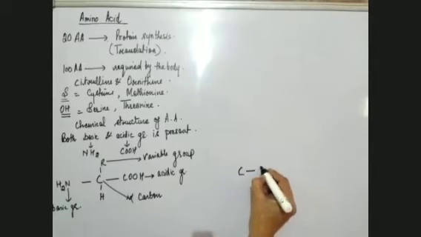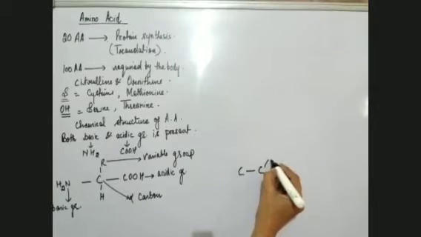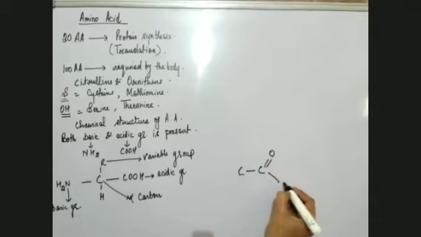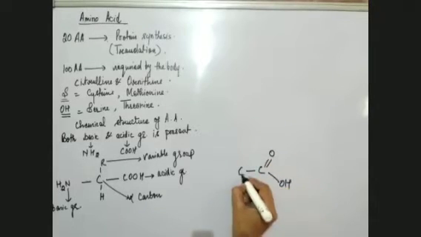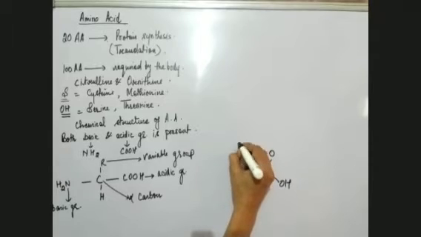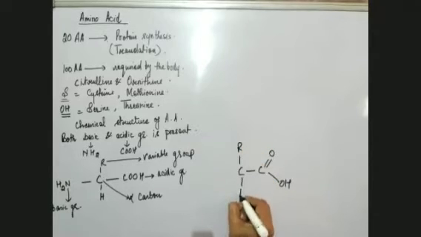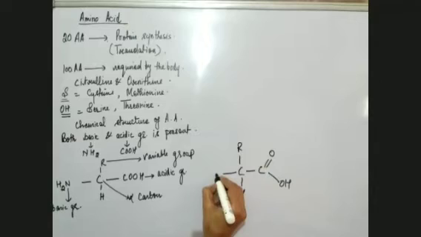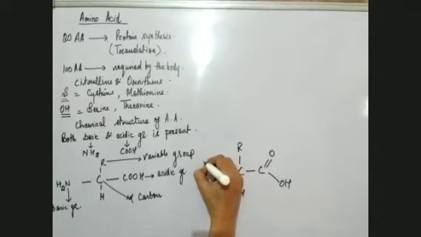Then we have the carboxylic group, which is in this form. We have the variable group, which is R. We have hydrogen. We have nitrogen, and this nitrogen is attached to hydrogens. So this is the expanded structure of amino acid.